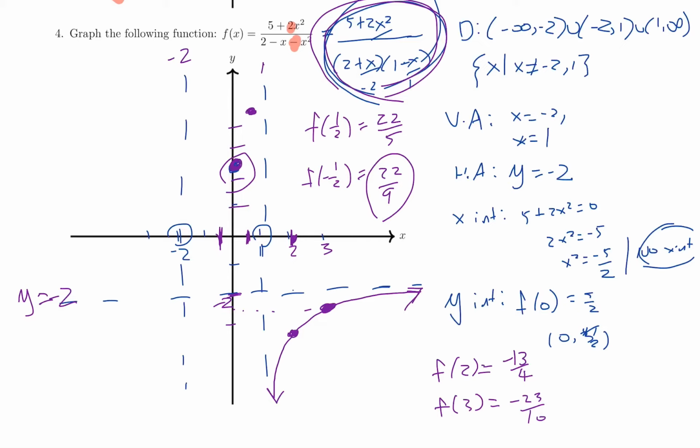So somewhere here, ballpark. So 22 over 9, let's actually find it. It's about 2.4, and 5 over 2 is actually 2.5. So actually, it is not bigger.